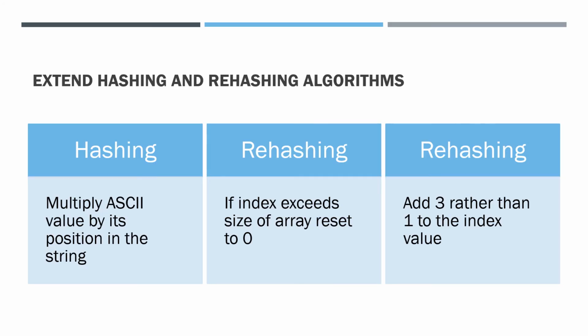So I'll leave you with some ideas for extending the hashing and rehashing algorithms. I'm not going to show you this code, so I'll just leave this up to you. Many hashing algorithms don't simply add up the ASCII values of the characters, they multiply each ASCII value by the position of the character in the string as you're counting through the string using the for loop.